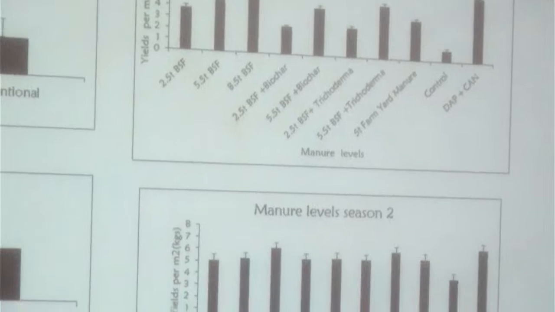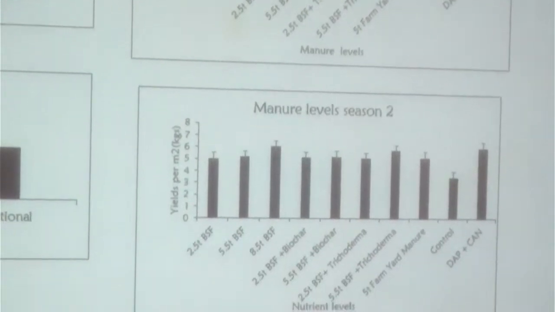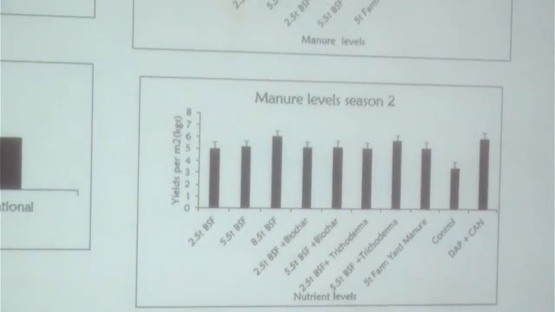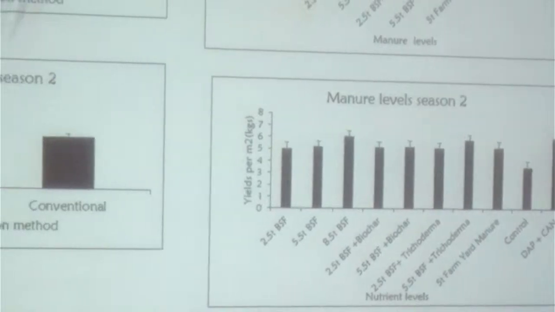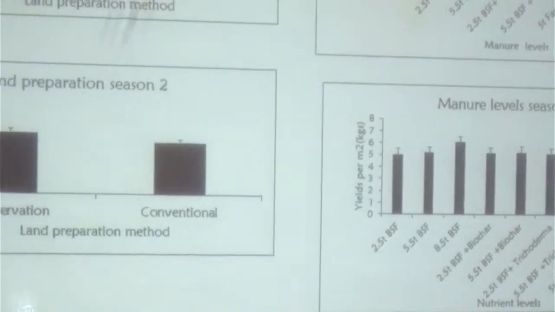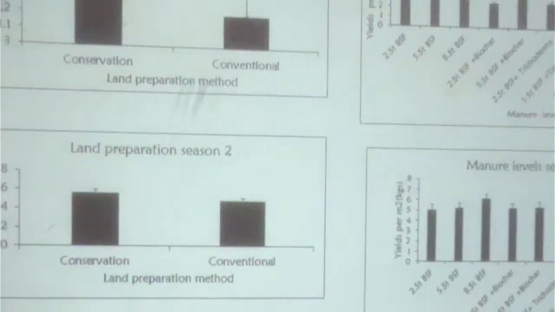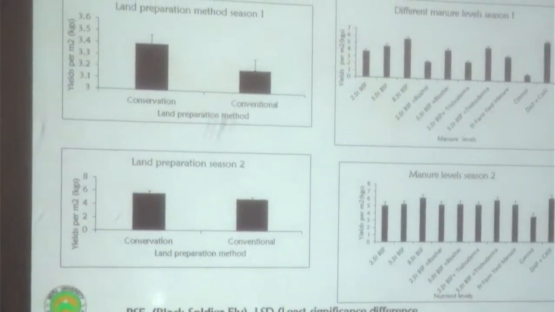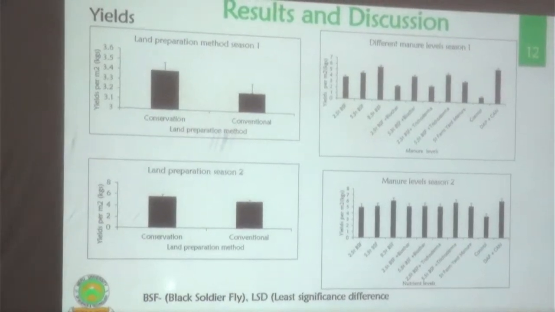So after the DAP, the one which followed was 8.5 tons PSF, because as you increase the amounts of PSF, you are increasing the nutrient availability into the soil. Sorry. The one which recorded the least is the control, because there was no nutrient applied.